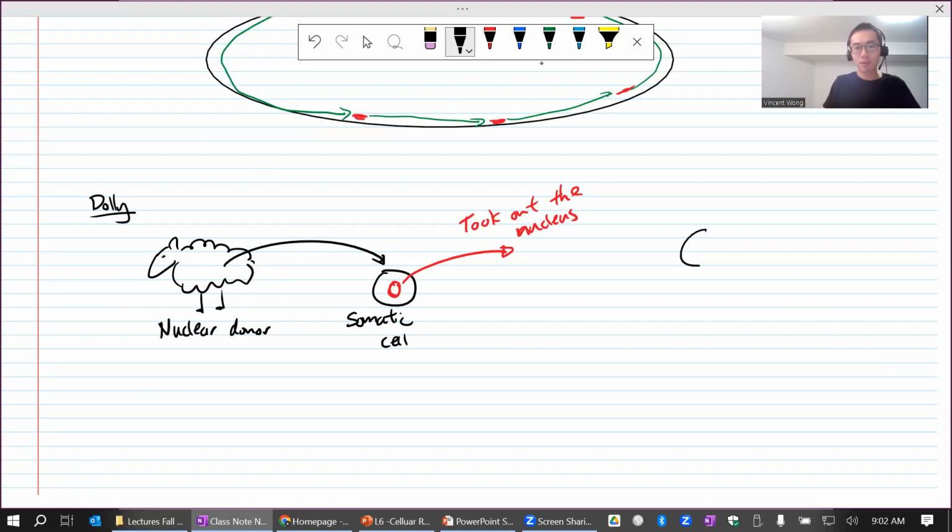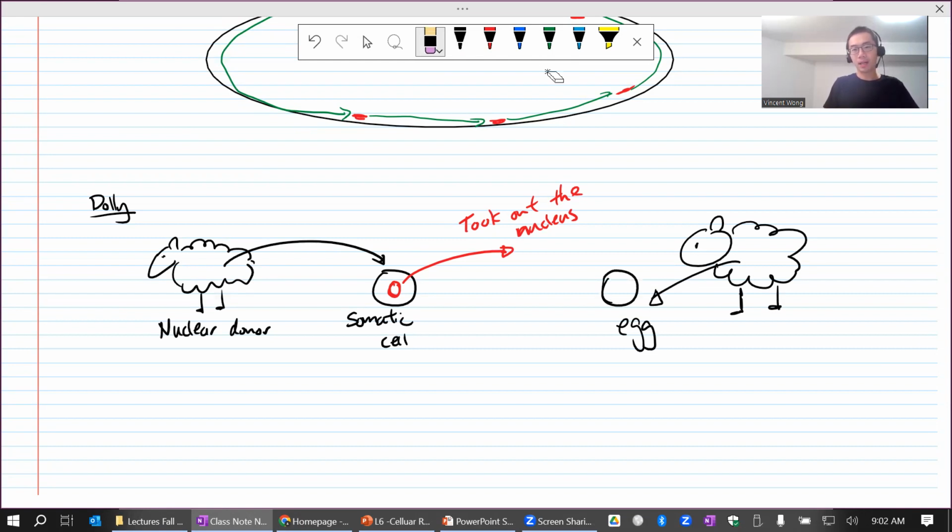And then we have sheep number 2. Sheep number 2 is where they took an egg. This is an egg donor. And then they remove the nucleus.